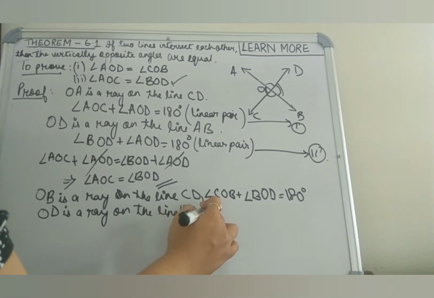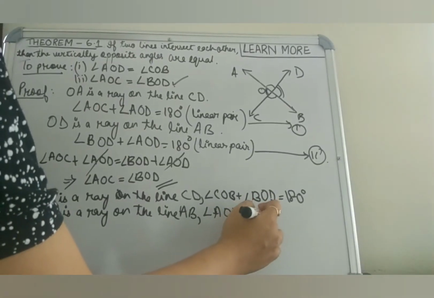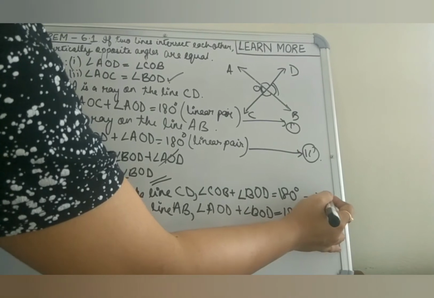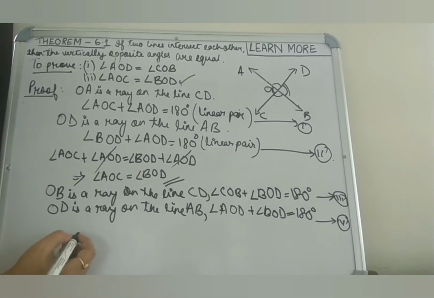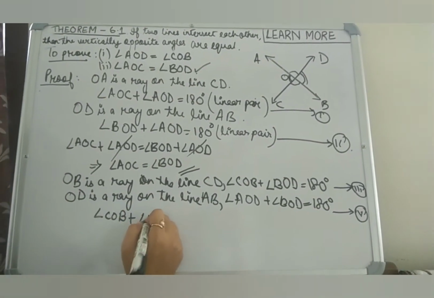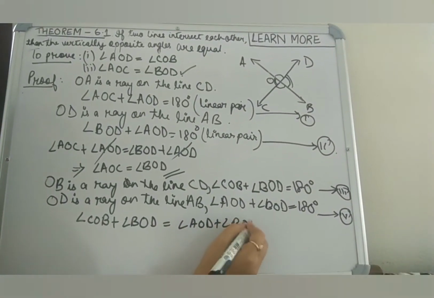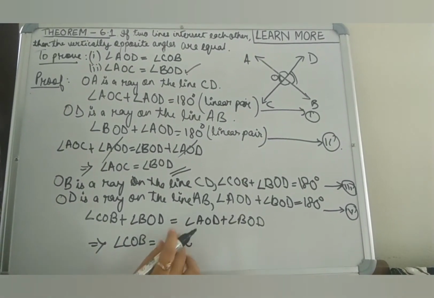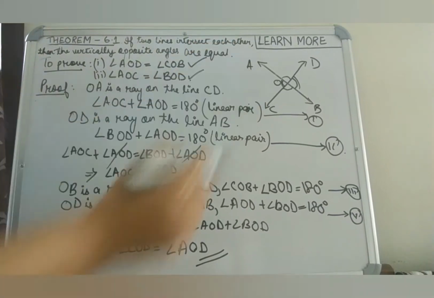We get angle AOD plus angle BOD will be equal to 180 degrees. Again, if we take this as equation 3 and this as equation 4, we get that angle COB plus angle BOD will be equal to angle AOD plus angle BOD, which implies that angle COB will be equal to angle AOD. So this is our proof.